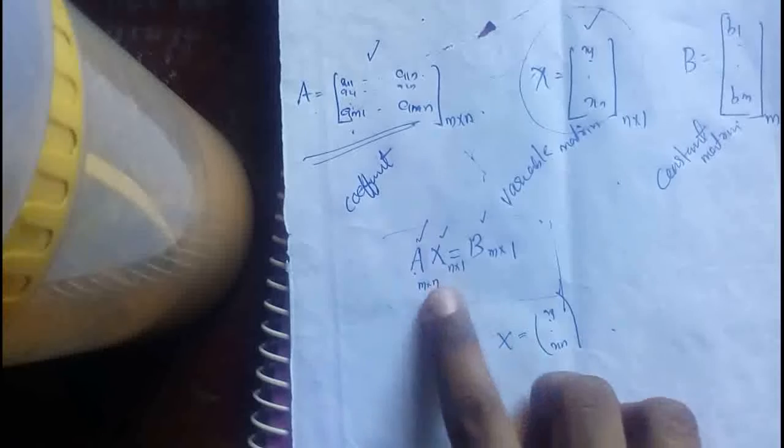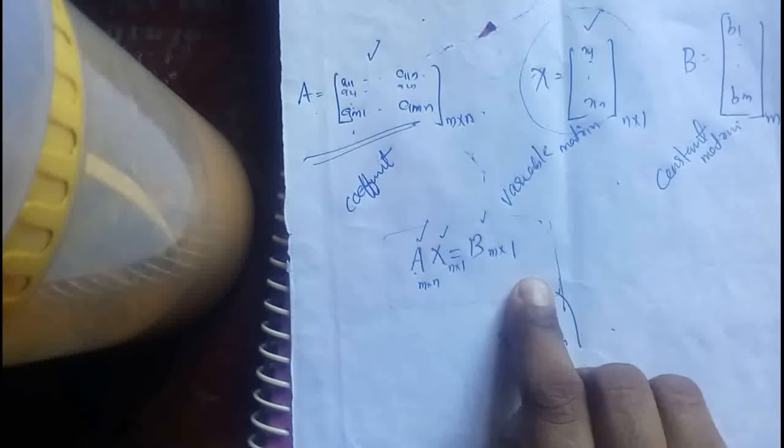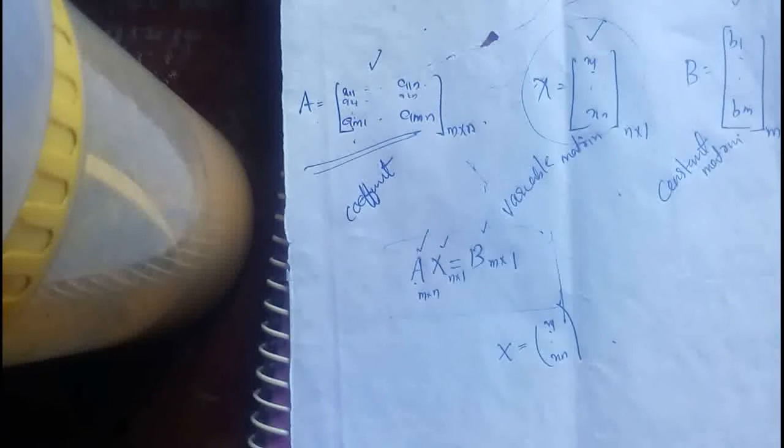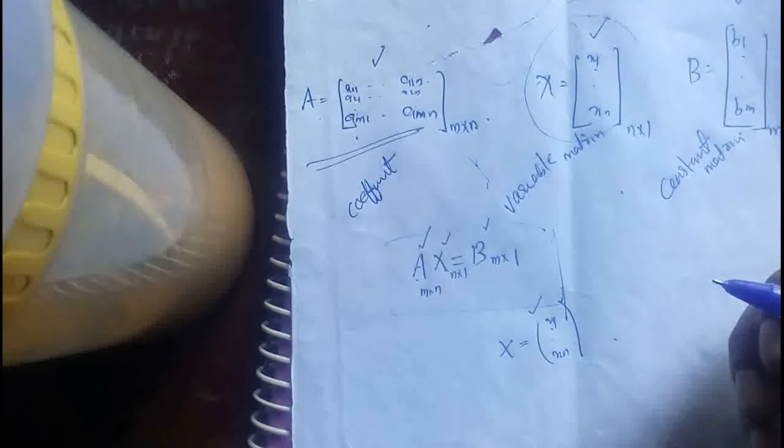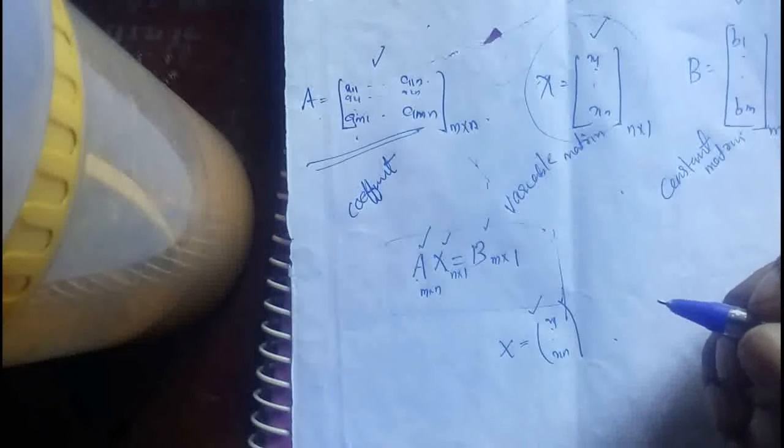So x is a variable matrix, and we need to find out those variables. Any vector that satisfies this equation is called a solution matrix.